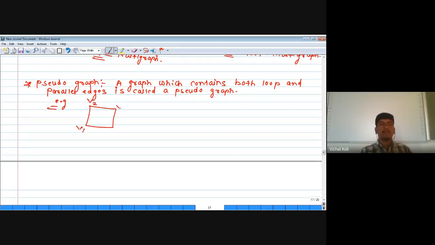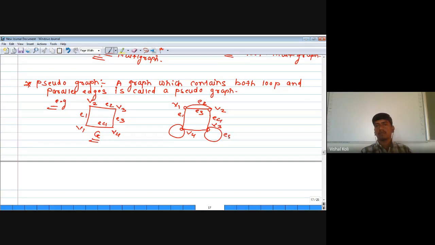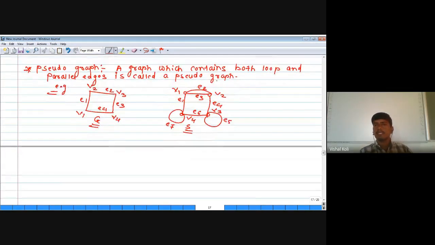V1, V2, V3 and V4. This will be G, with edges E1, E2, E3 and E4, and next one will be graph H. Now, any graph is said to be a pseudograph if it contains both loop and parallel edges.